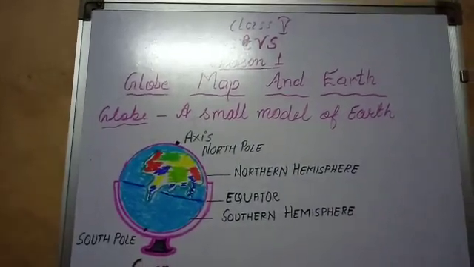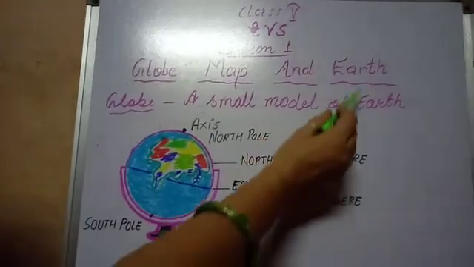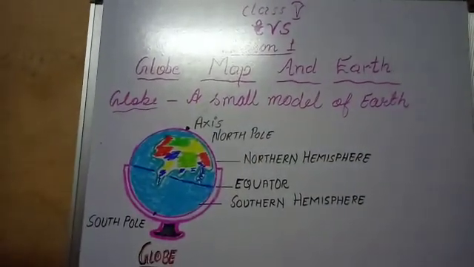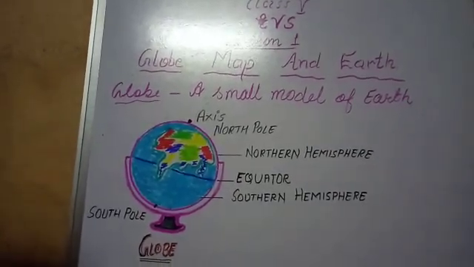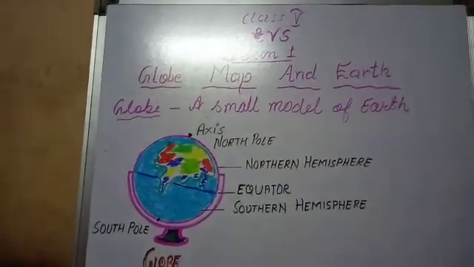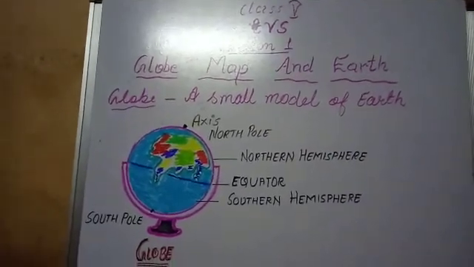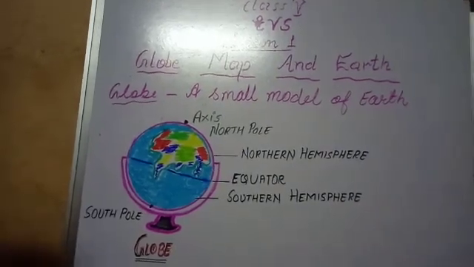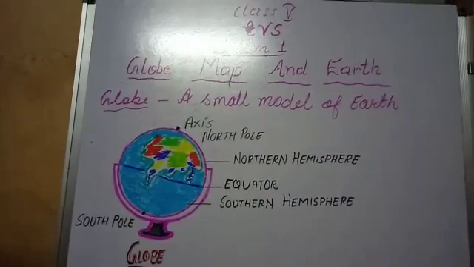You know students, our earth is the only planet where life is possible. Our earth is a unique planet where air, water and land exist, which are the primary sources of living beings. But how can we know about our earth, whether it is round, flat or any other shape?